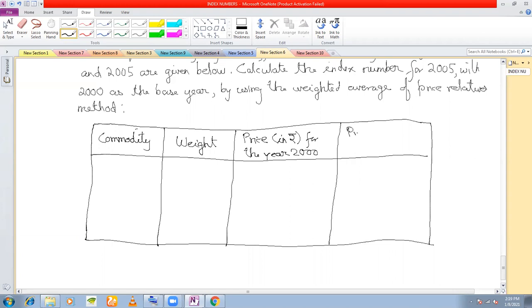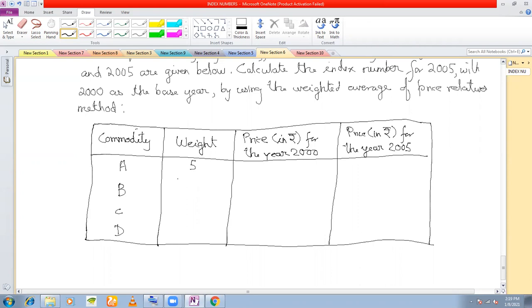And fourth column is price in rupees for the year 2005. Commodities are A, B, C, D, any four commodities. Weight, there's a column for weight.